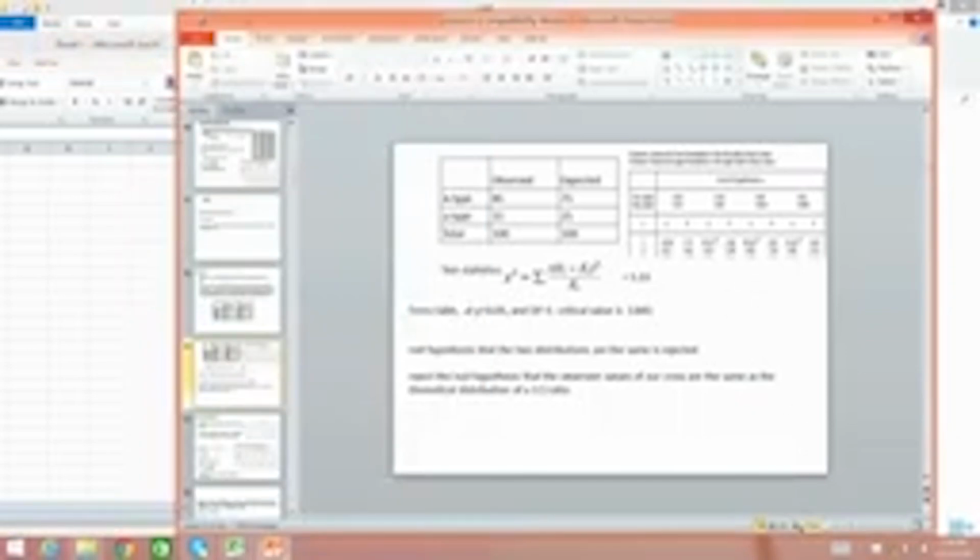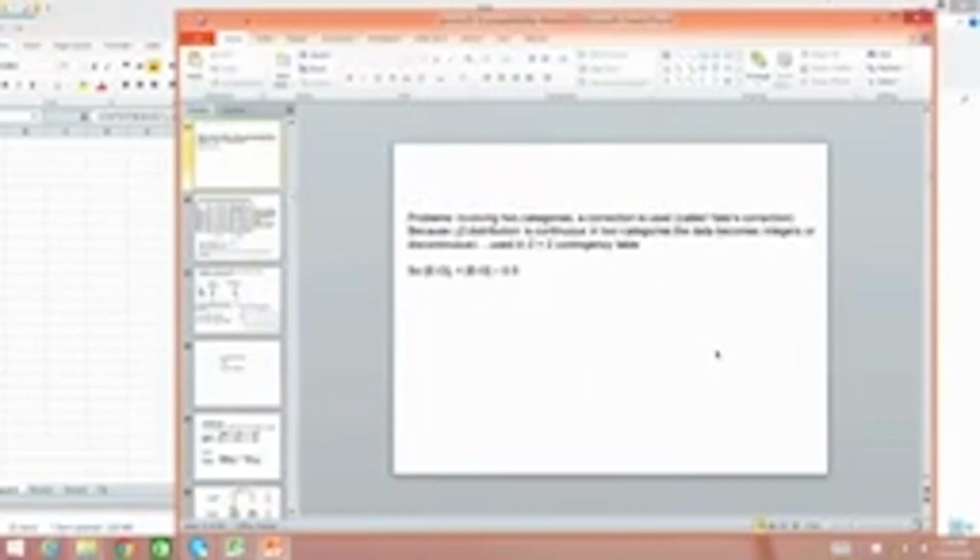So the chi inverse command is almost like your table. At 0.05 one-sided with 1 degree of freedom, it gives you 3.841.